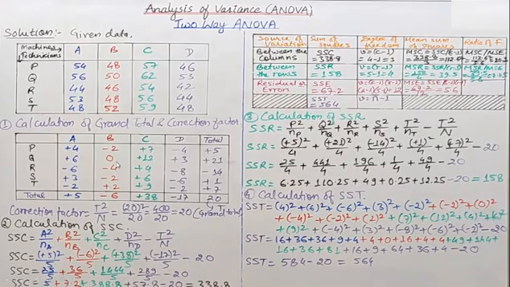The value of B is minus 6, so B square will be minus 6 whole square and NB equal to 5. Similarly we will put the values of C square upon NC and D square upon ND, and T square upon N equal to 20. So we find the value of the SSC, which is 338.8.